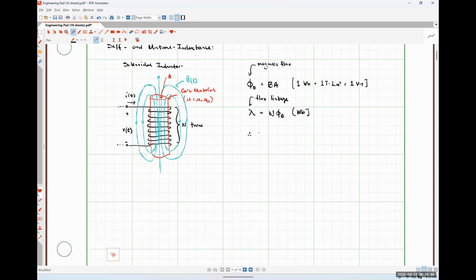So we could say that our flux linkage lambda is going to be equal to L times the current, where this L is our self-inductance, and it is measured in a Henry, where 1 Henry is equal to 1 volt second per ampere, or 1 Weber per amp.